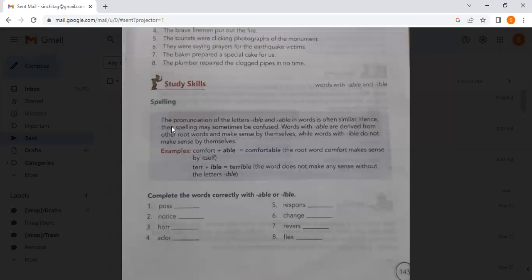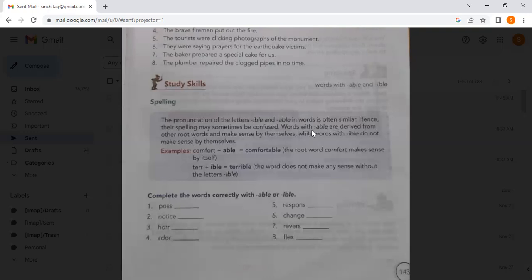Read it. Read this one, beta. The pronunciation of the letters ible and able in the words is often similar, hence their spelling may sometimes be confused.